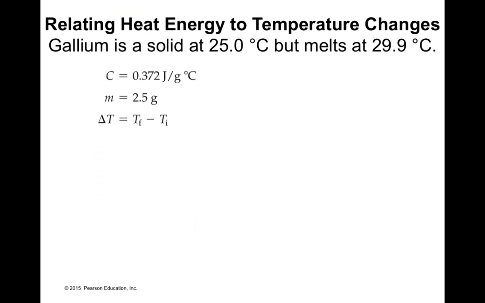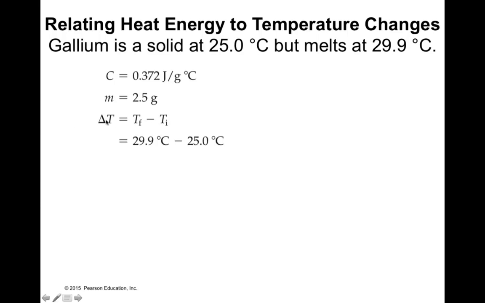So we need to calculate first the change in temperature. We need to subtract 29.9, the final temperature, minus 25.0. That's another important thing. Whenever you see delta T or delta volume or delta pressure, it is always the final minus the initial.